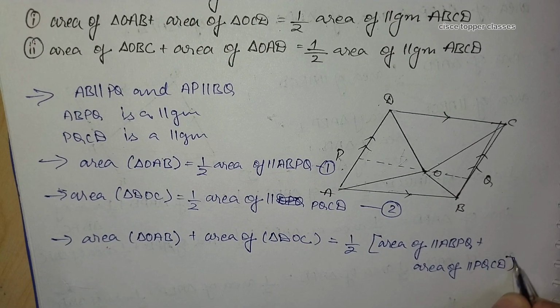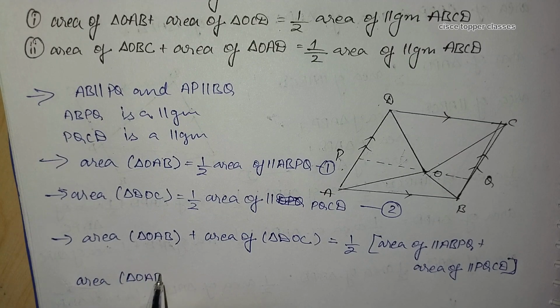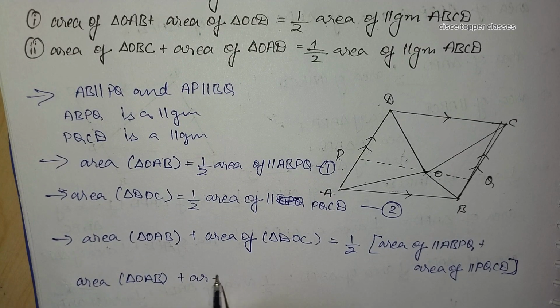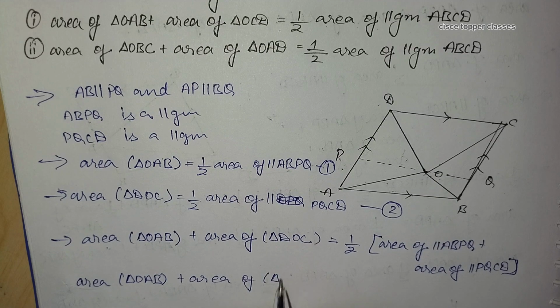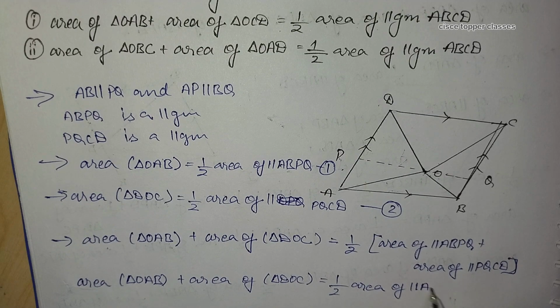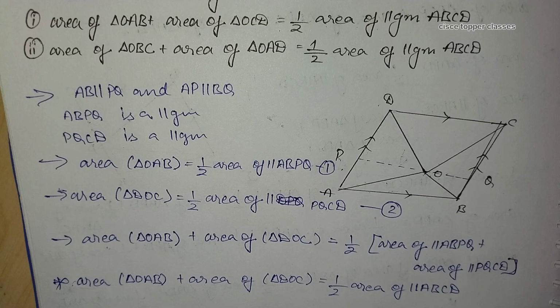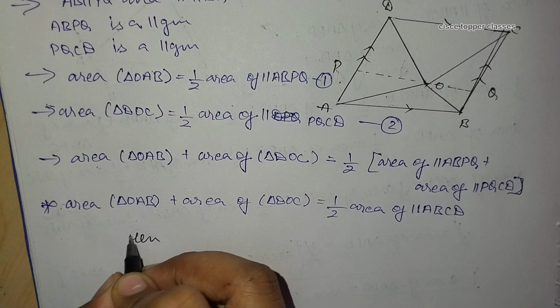From here we can write that area of triangle OAB plus area of triangle DOC is equal to 1 by 2 area of parallelogram ABCD, and this is what we have to prove in this question, hence proved.